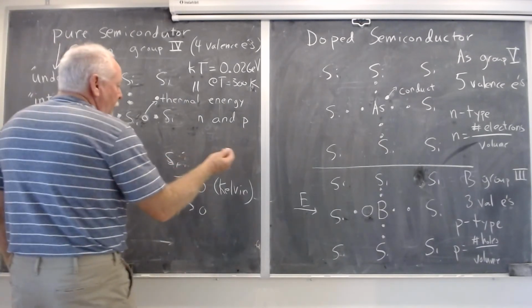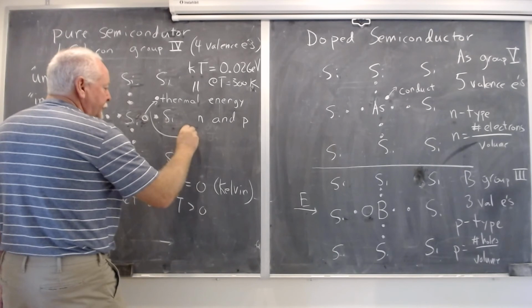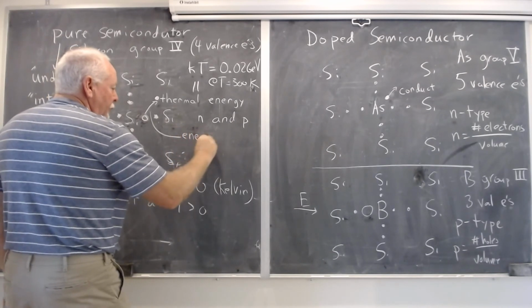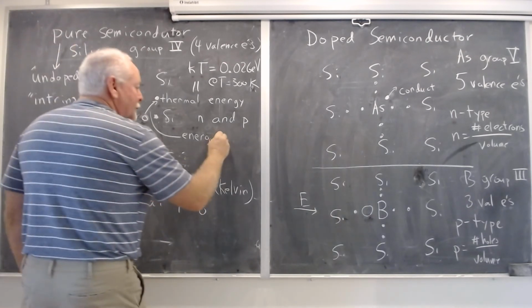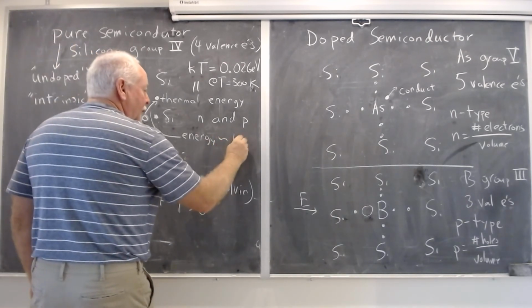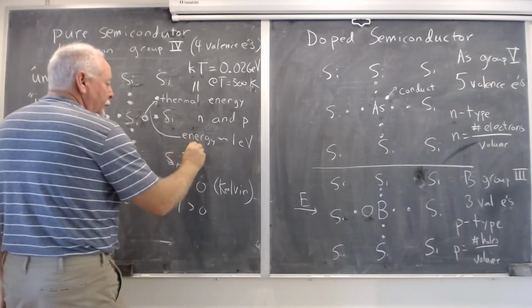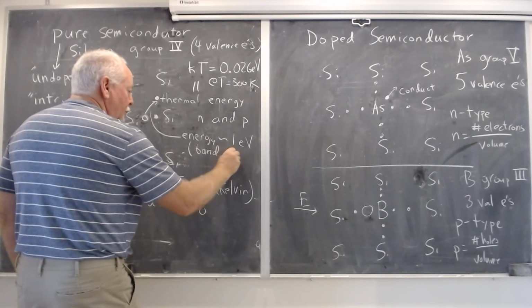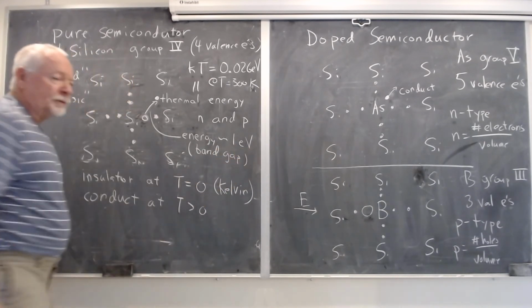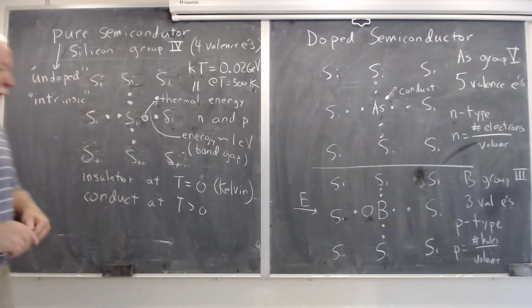Now, this energy to rip an electron off the bond is around 1 eV. And by the way, that's the band gap, for those of you in the know as far as understanding what that word means.